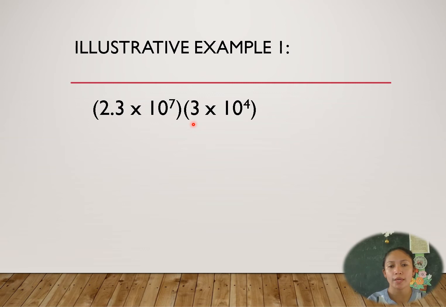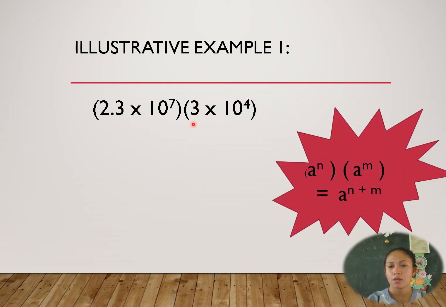So we can apply the law of exponent that we discussed a while ago, which is the product of a power. It is in this pattern: a to the power of n multiplied by a to the power of m is equal to a, we copy the base, which is a, and then add the exponents, n plus m.